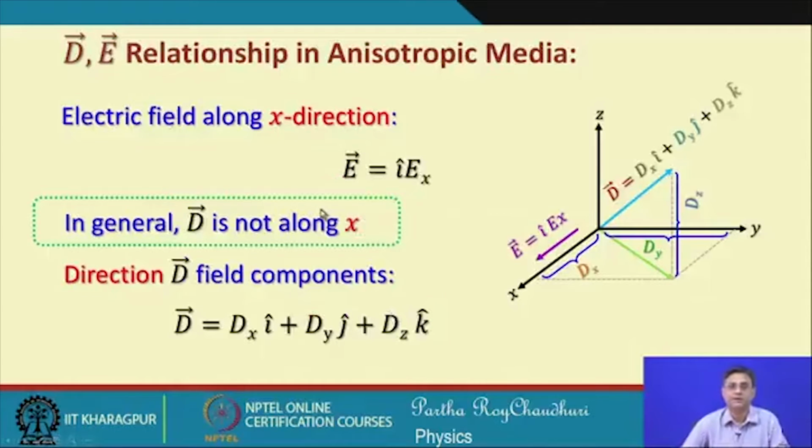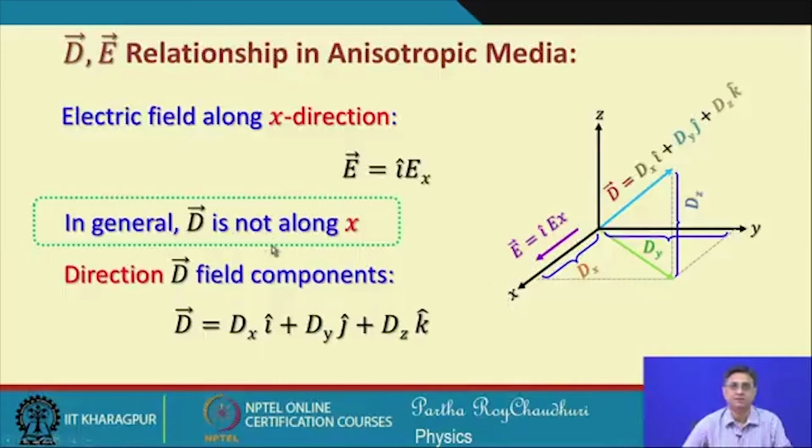Okay, so, first let us look at the E and D behavior in an anisotropic medium. Let us suppose that the electric field is incident along the x axis, so that one can represent the electric field vector as E equals i cap E x, and there is no y component nor any z component of the electric field. So, the electric field is solely along the x axis.